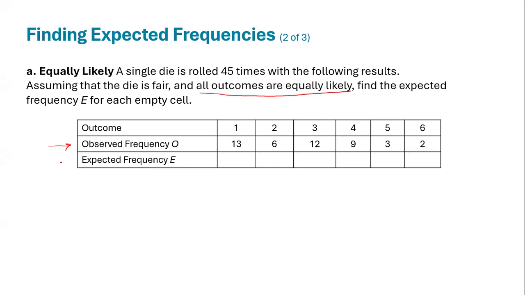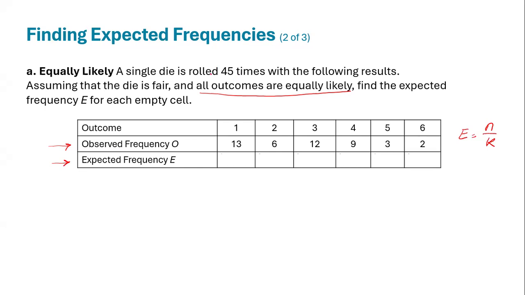Now how should we find the expected frequency? Since all outcomes are equally likely, the expected frequency is the same for all categories. And how do we find it? We need to divide the sample size by the number of categories.